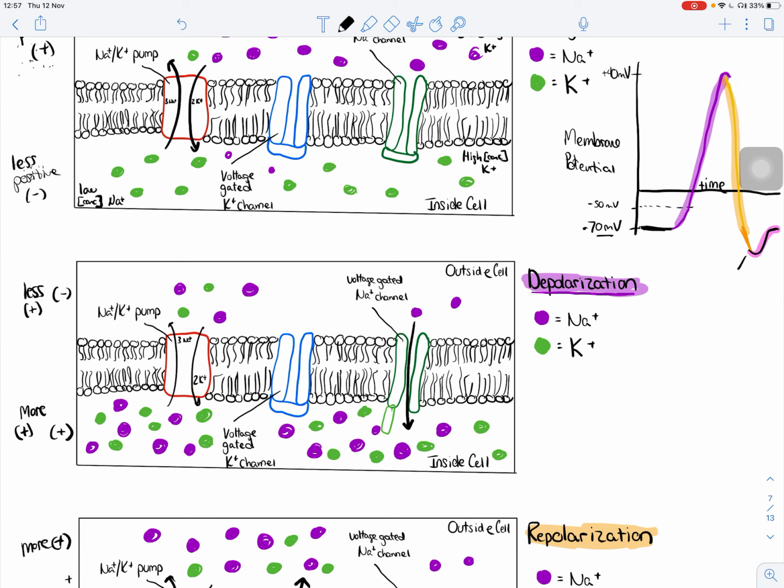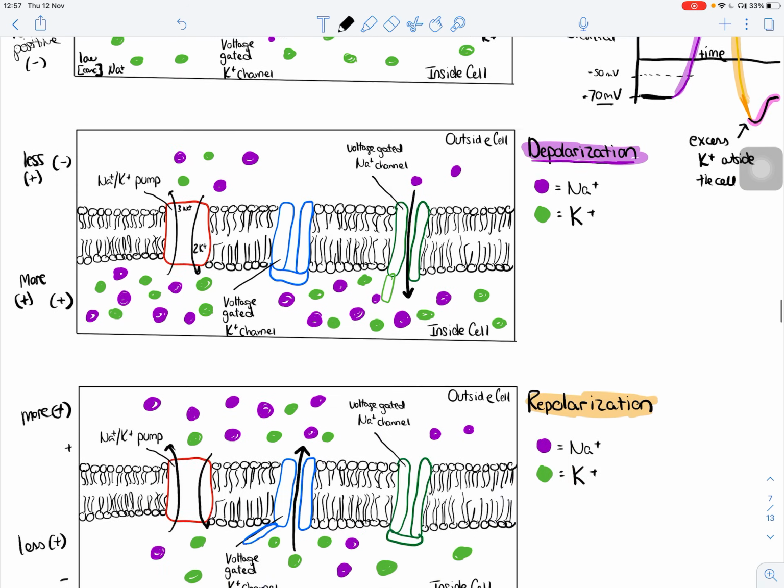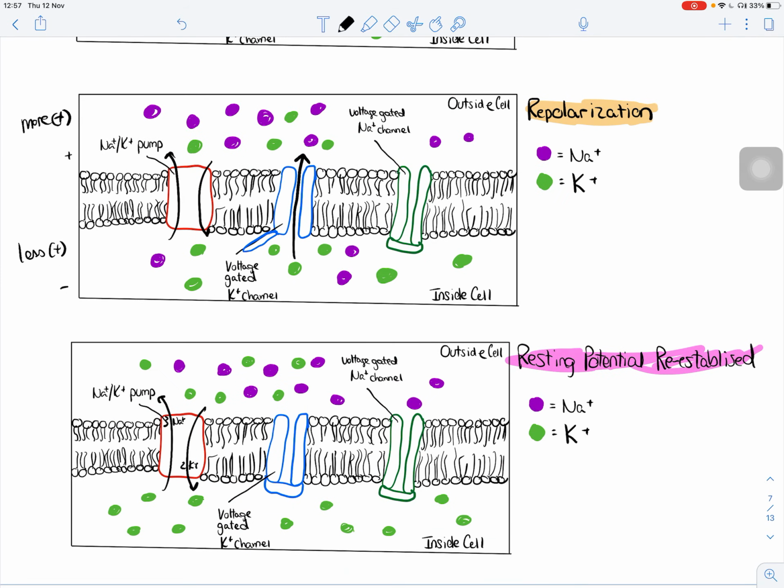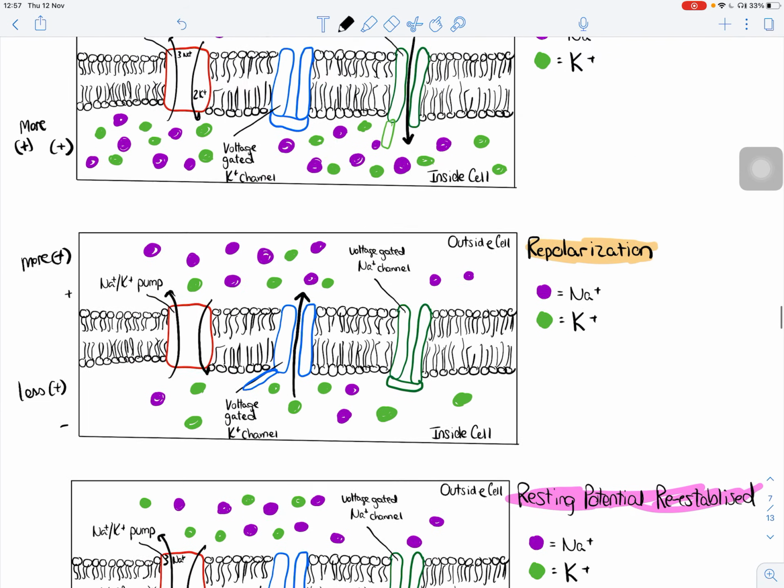The dip here is really due to the excess K+ ions, and as those are moved back in by the sodium-potassium pump, things get equalized.